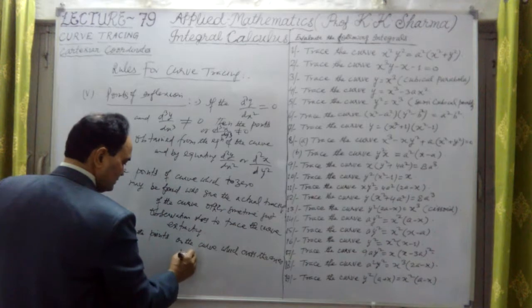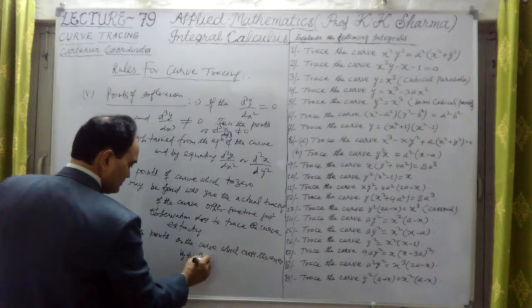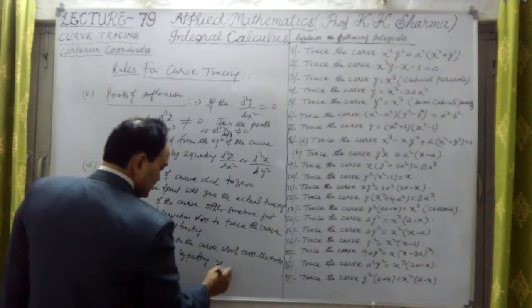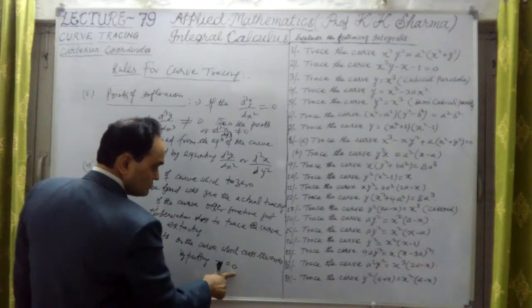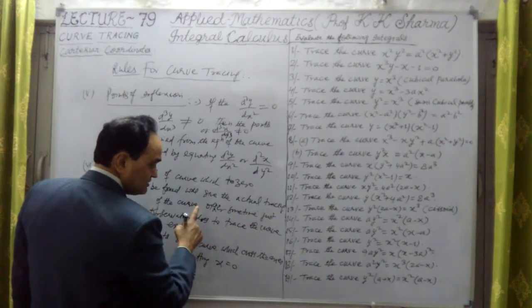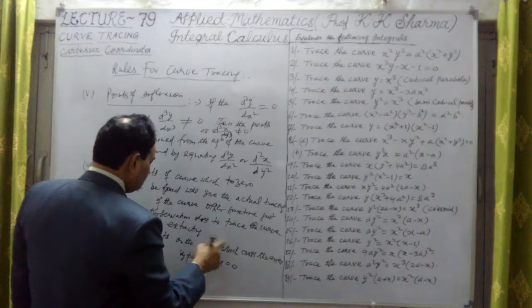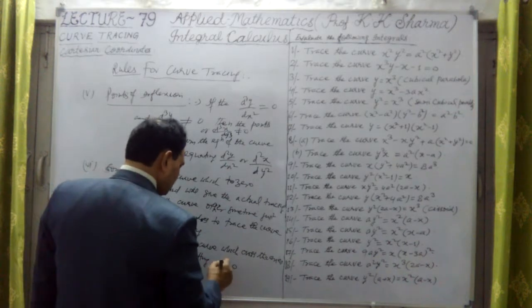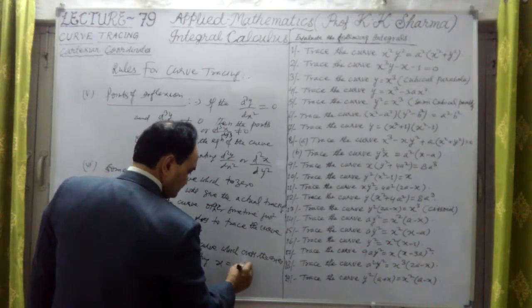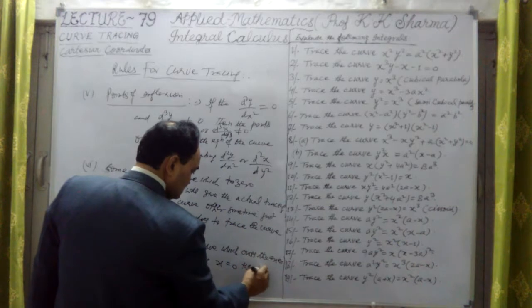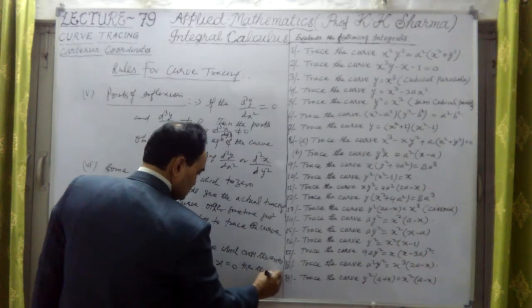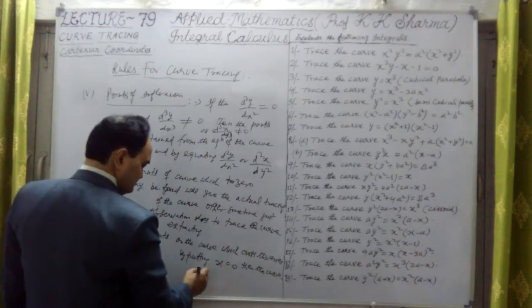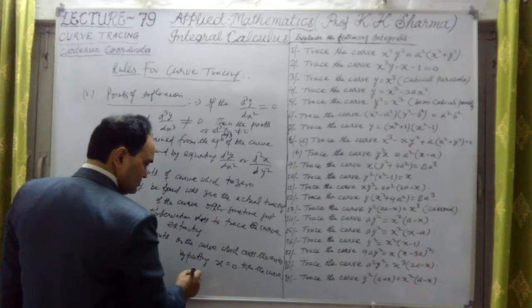By putting x equal to 0, the curve will cut the y-axis. So where the curve is crossing the y-axis at x equal to 0, we can find the value of y also. Putting x equal to 0, the points where the curve crosses the y-axis can be obtained.